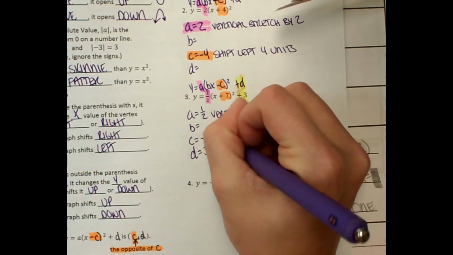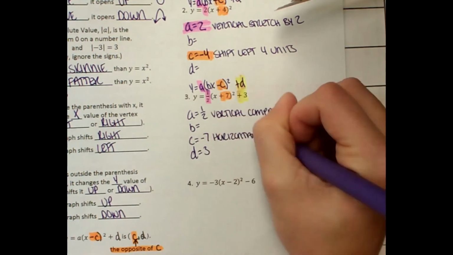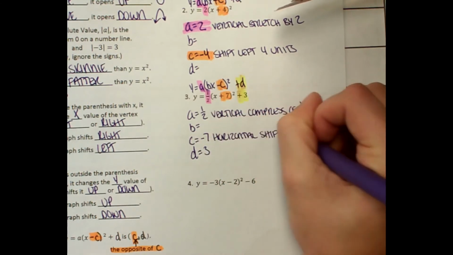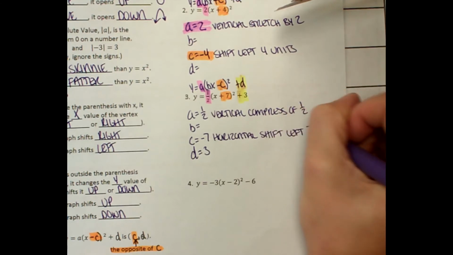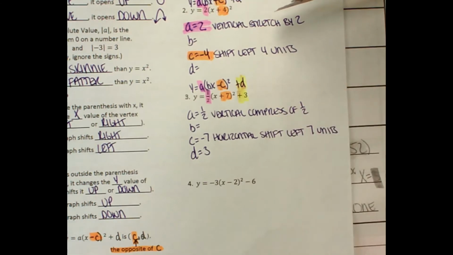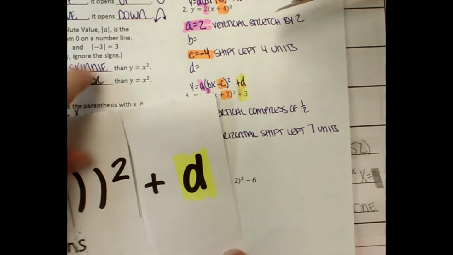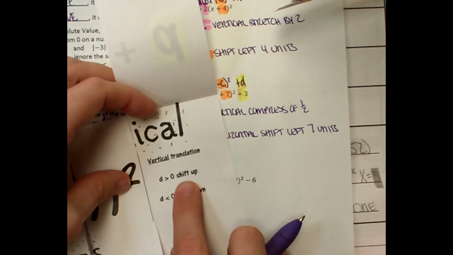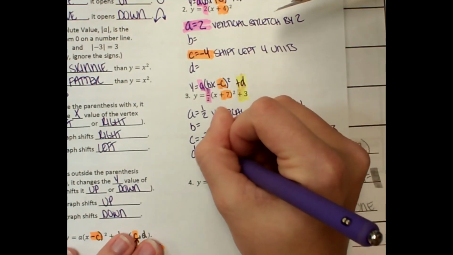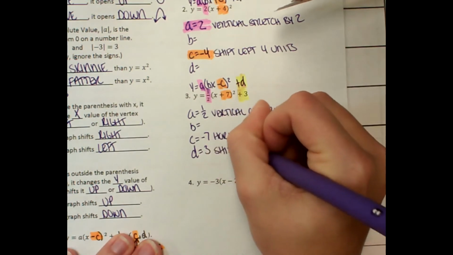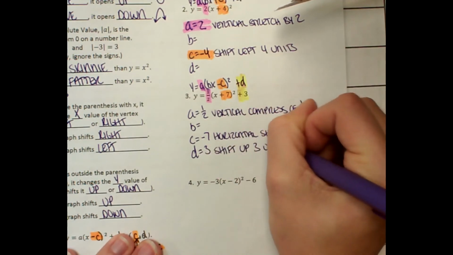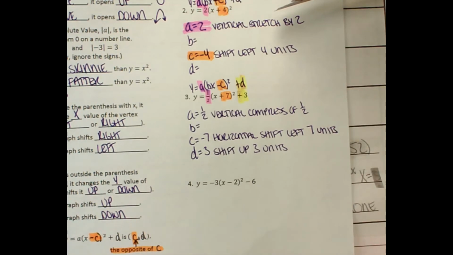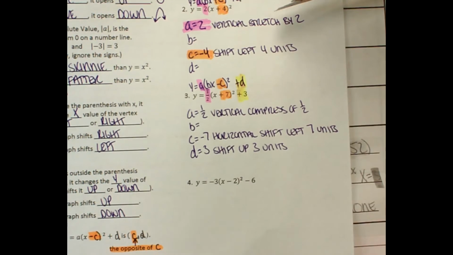So horizontal shift left 7 units. And then D, C and D should be pretty easy as long as you remember C is the opposite. D, if it's positive, it's going to be up. So we'll shift up. Shift up 3 units. Okay.